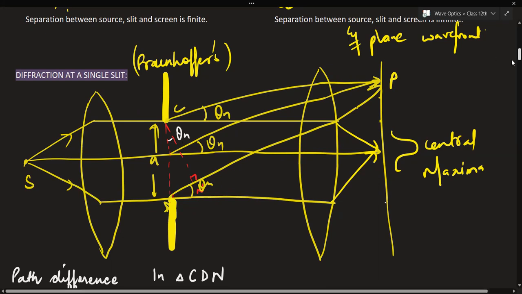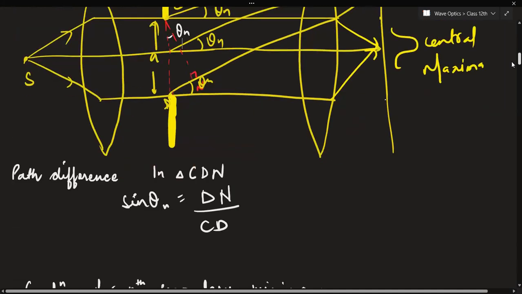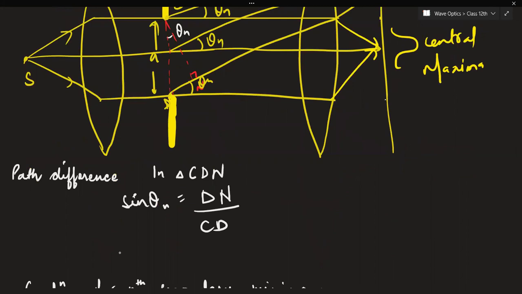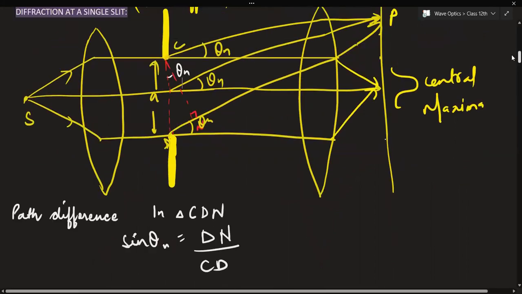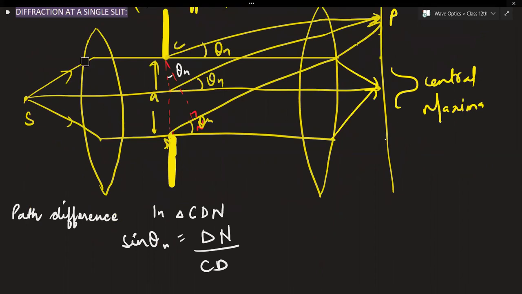So in this triangle CDN, sine theta will be DN by CD. Now the separation between the slit, that is this value DN. D is this point.